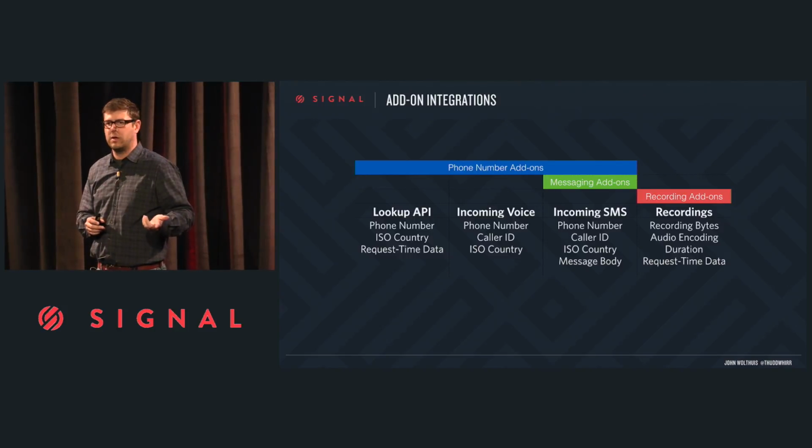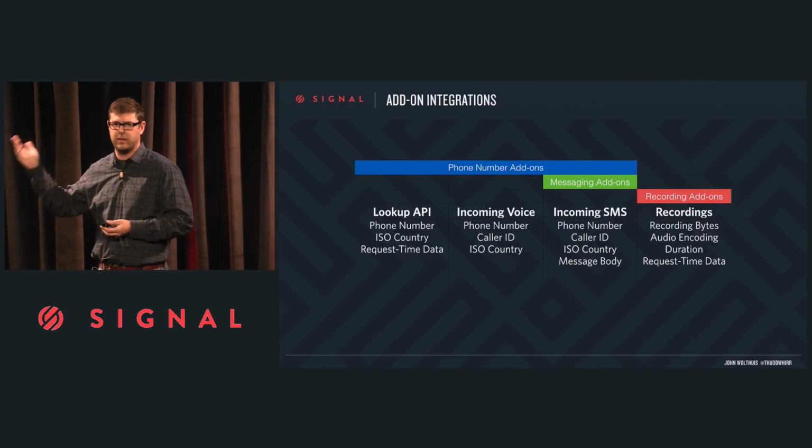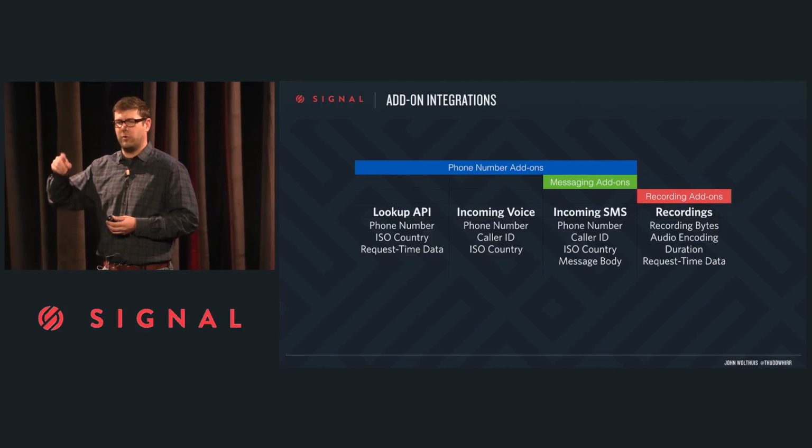You'll notice in the lookup API, you also have the ability to have request time data. This means that if you want, you can provide extra side channel data for your add-on that lets you do extra informational queries. There's a TCPA plugin in the marketplace right now that asks for a date, so you can see when a phone number changed ownership.